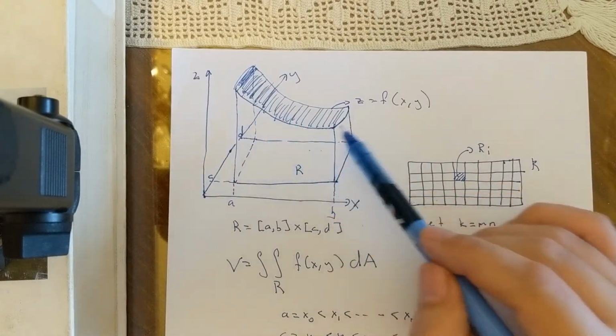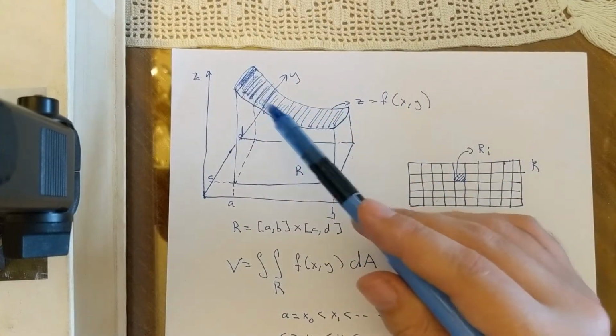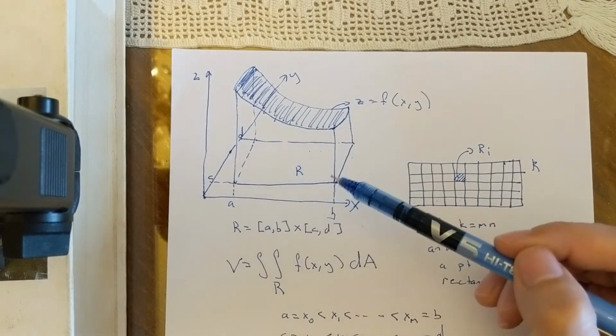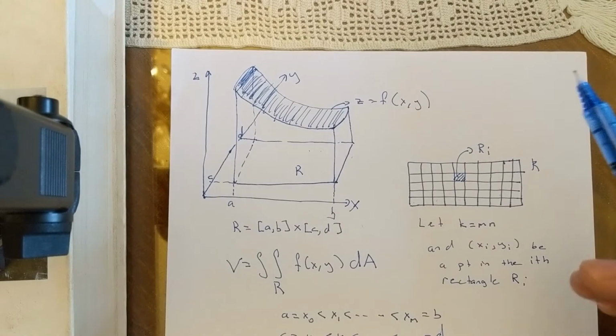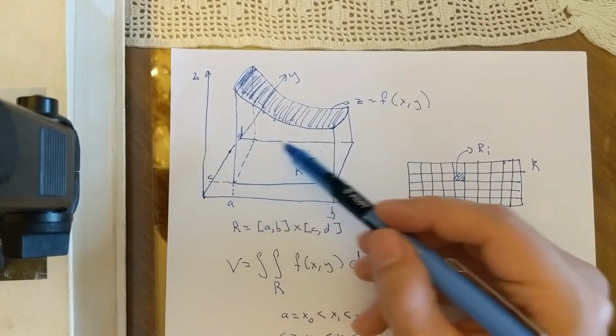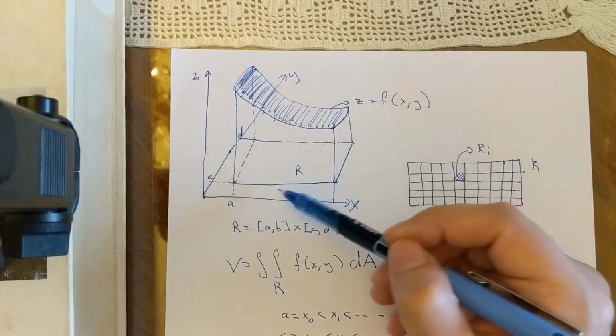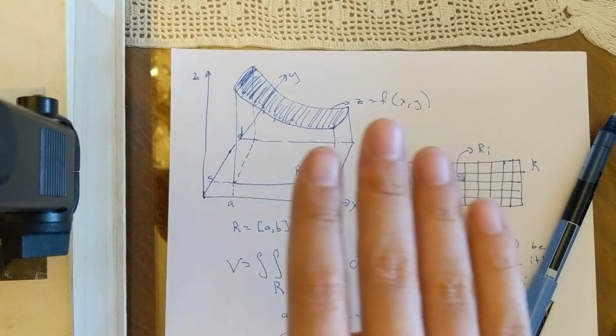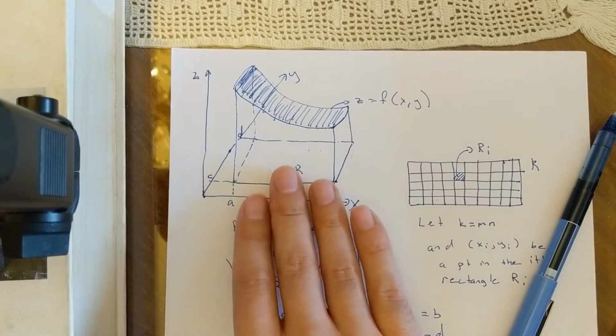So I have some kind of slide here. It looks like something kids could slide on, and I'm wondering what kind of volume it has. To keep the problem simple, I'm going to assume that the slide is set up just like a kid's slide over some rectangular area R. If I looked at the shadow of the slide, it would be rectangular.